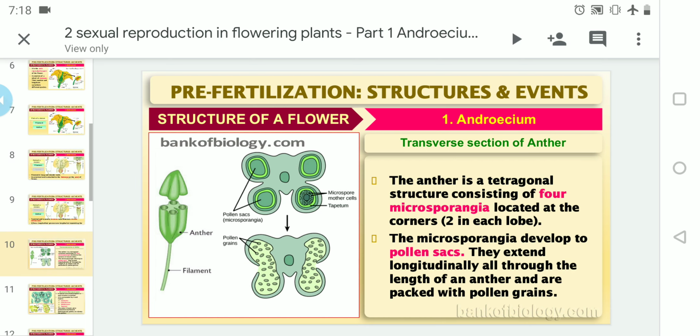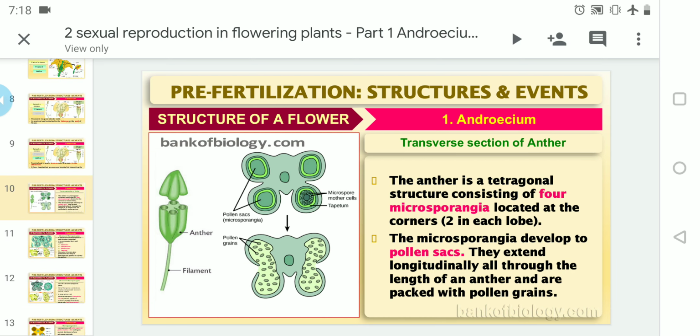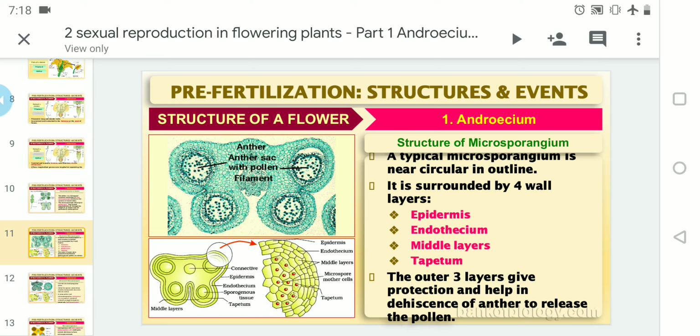The pollen grains may be numerous, varying from a few to thousands. In this slide, you can identify the structure of a flower. This is a live structure. In the laboratory, if you take a section like this, you will get the structure as indicated in the above portion, and the lower structure is given in your textbook also.